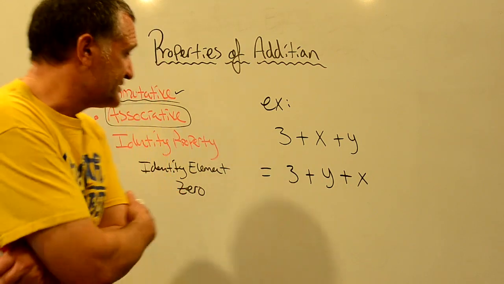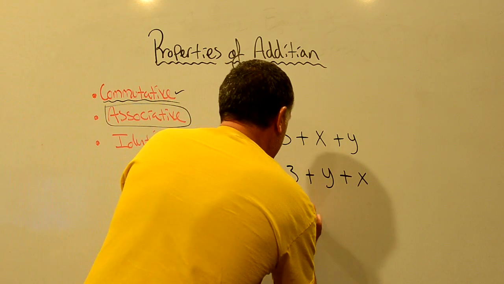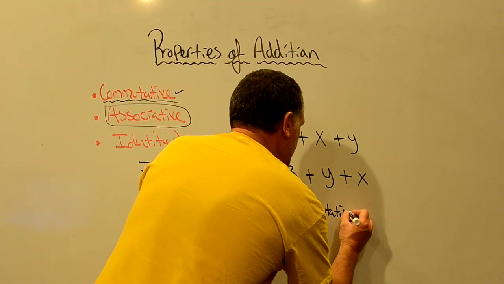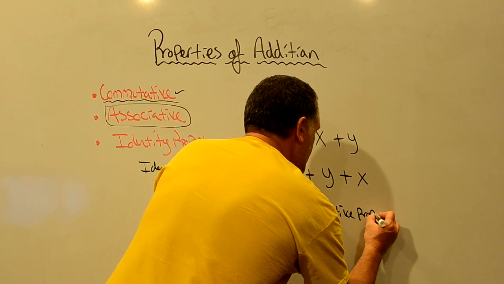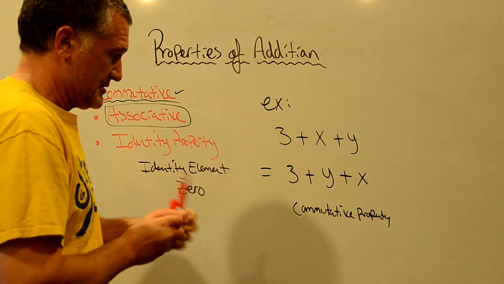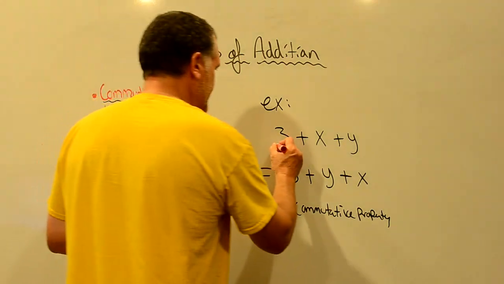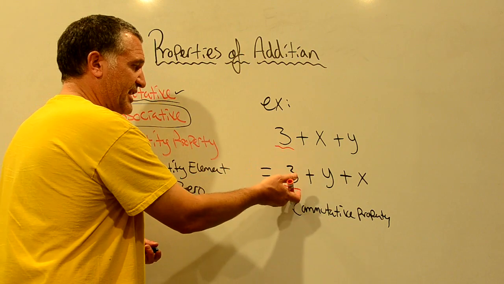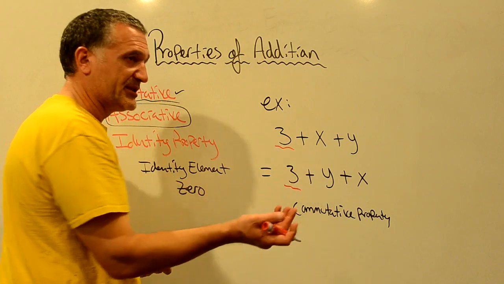Well, hopefully you said the commutative property of addition. Now, did that have anything to do with this 3? No. This term of 3 never changed from this statement to this statement. Those 3's are the same.